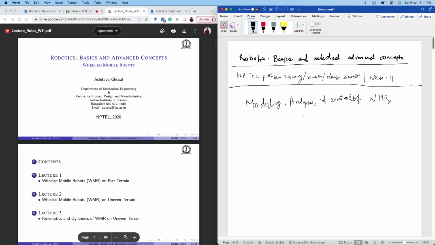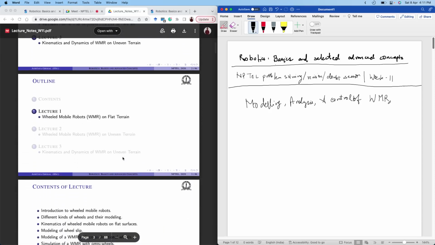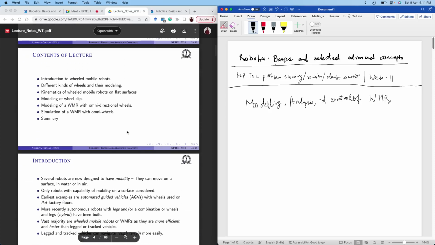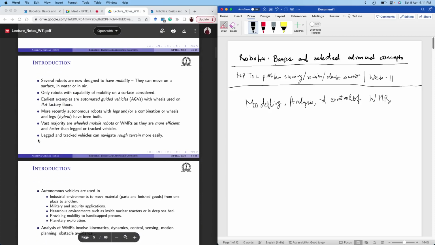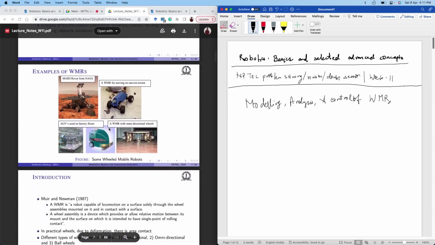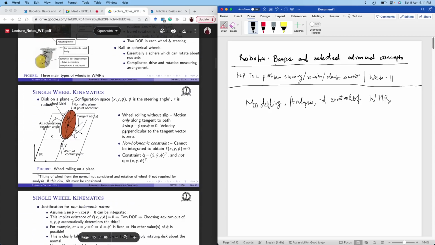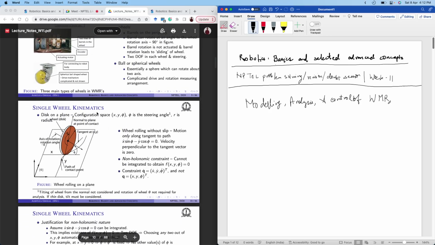The first chapter starts with a pretty basic scenario, where you have a simple wheeled robot, and it starts with a single wheel case on a flat terrain. If you just go through it, there is some basic information about the current state of the research given in some of these slides, and then there is the discussion of single wheel kinematics.